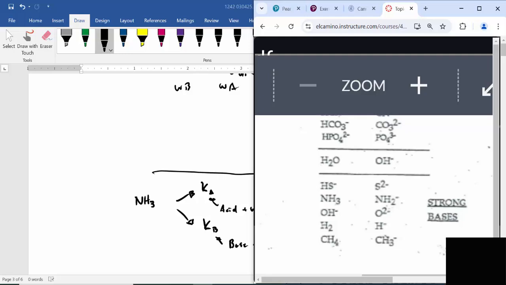It's very unusual. When you look at methide, you know, carbon likes to form 4 bonds. There's only 3 bonds here and 1 lone pair on it, making it a powerful base here. All these Kas are extremely small, therefore all these Kbs are extremely large. And strong bases do what? Strong bases ionize completely or they hydrolyze completely.